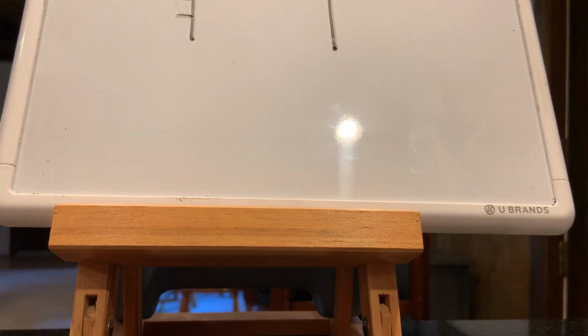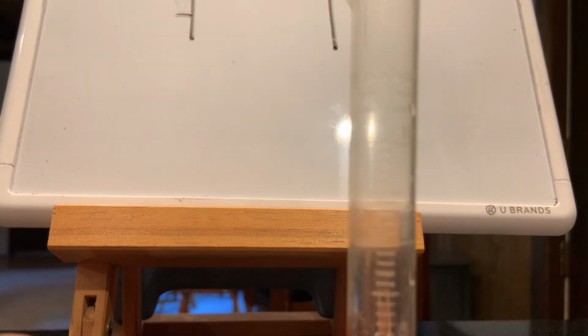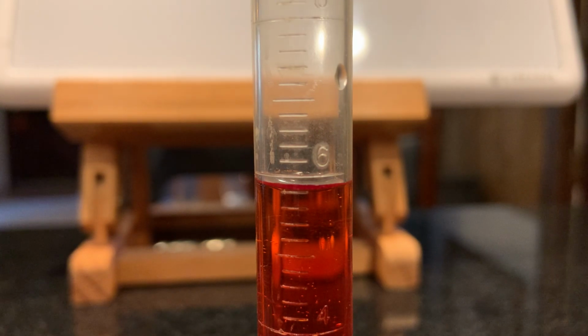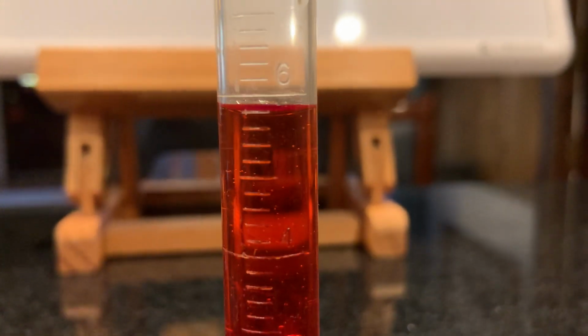So I would say that's 36, because the bottom of the meniscus is right there. You might be noticing that the meniscus gets more pronounced the smaller we go. So the smaller the diameter of the graduated cylinder, the more extreme the meniscus gets.